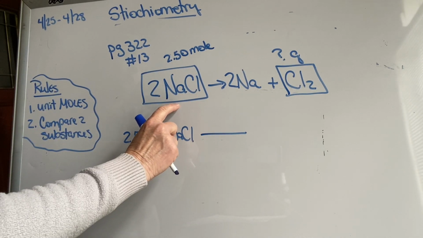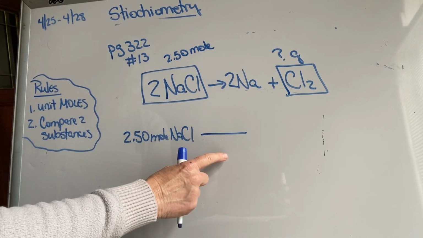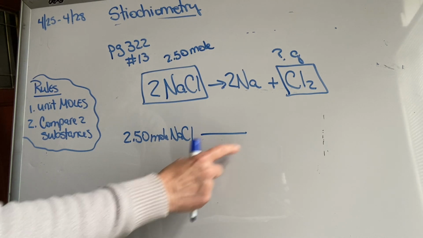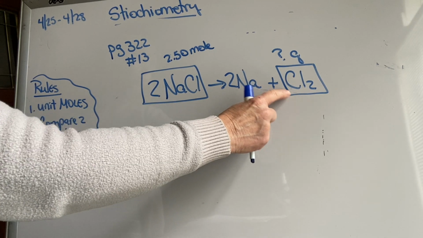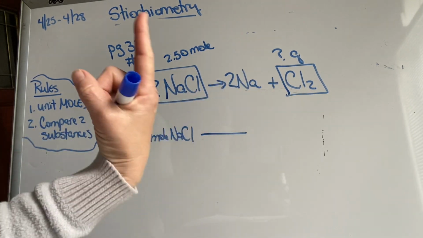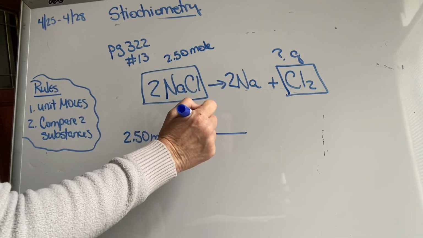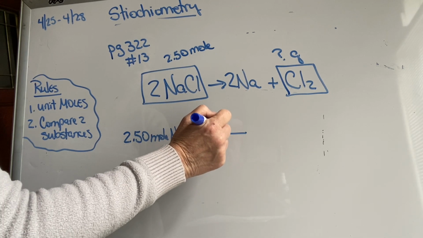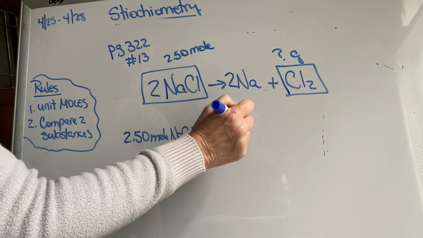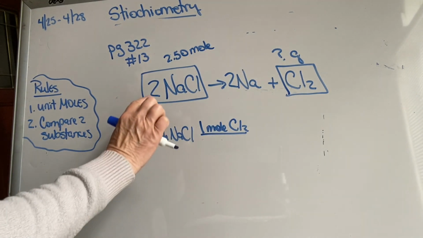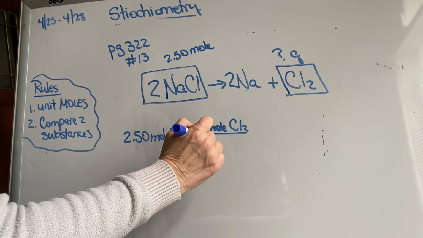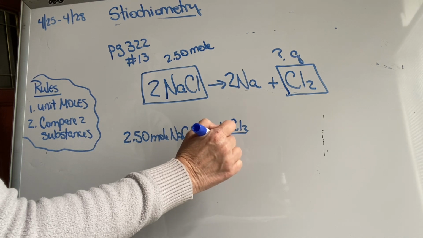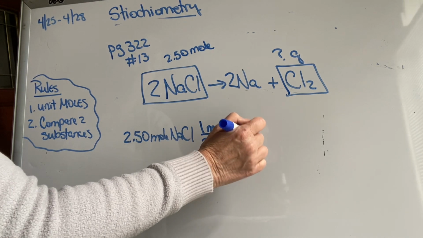This is going in the denominator because I'm not going to need that anymore. I want it to go away. If there's no coefficient there, there's 1 mole. So in the numerator, you'll put 1 mole Cl2. And in the denominator, you'll put 2 mole of NaCl.